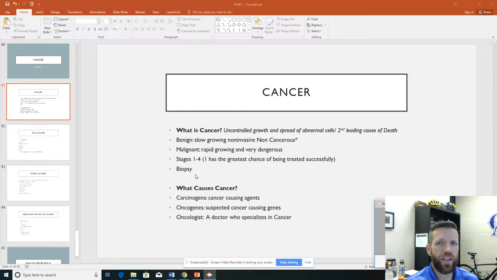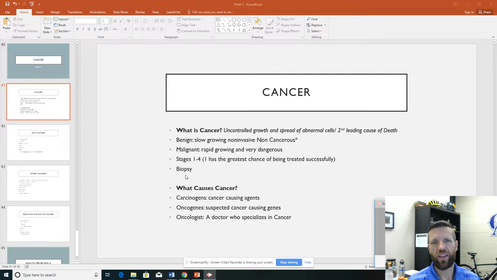It can sometimes be done in an office setting, but they will go in and remove a part of that tumor, and then they will study that biopsied section and understand what it is that is abnormal, and if it is indeed benign or malignant, and then they determine the course of action to take after that.